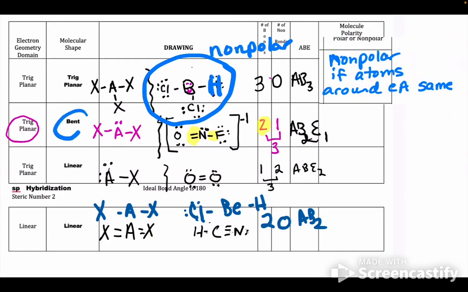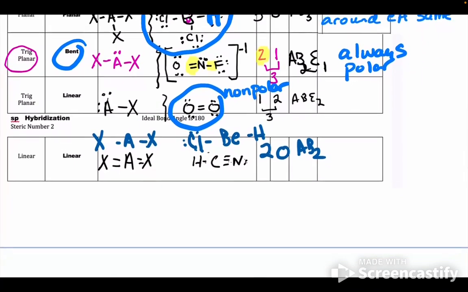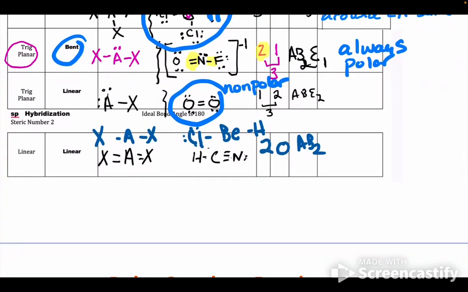Bent, this is another bent, so always polar. And then these linears are similar to the previous linear. They're sometimes polar. This example is a nonpolar molecule because they're identical. And then when we get down to the sp hybridization, this one would be polar, and so would this one.